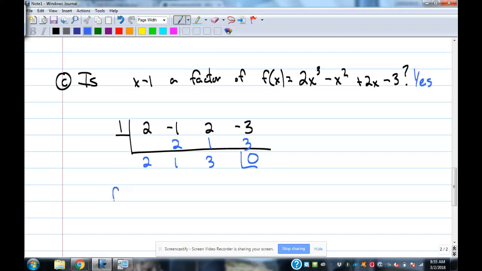What that does for us is it takes that polynomial and factors it as x minus 1, and then this is what's left: 2x squared plus x plus 3. So we've taken a third degree polynomial, or a cubic polynomial, that's a better name, and we factored it a little bit with synthetic division, and now that leaves us a linear factor and then a quadratic factor.